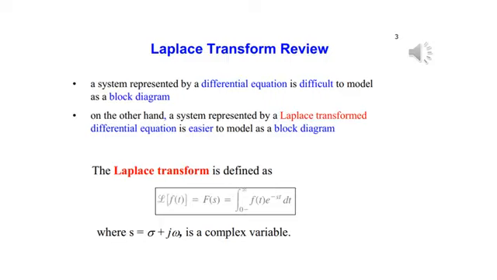These e raised to power minus s of t are orthogonal functions, and we can hence represent f of t in terms of F of s. And e raised to power s of t is a set of orthogonal functions whose magnitude is equivalent to 1.